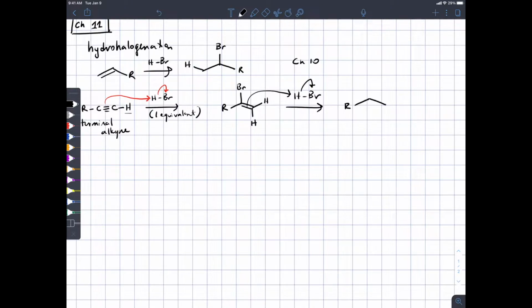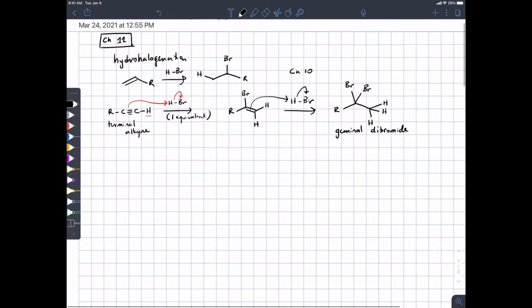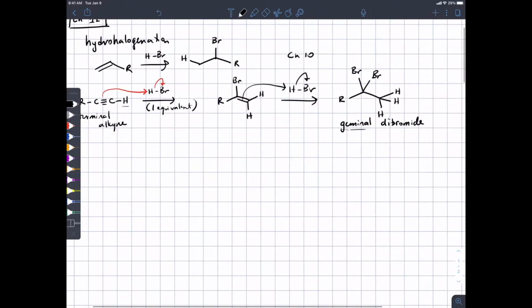You create a new carbon-hydrogen bond with the less substituted carbon, so that the more substituted carbon can have the positive charge, and then bromine attacks the more substituted carbon. And you end up with this product, which is called, and you don't need to memorize this, a vicinal, nope, actually, it's not vicinal, it's geminal. That means bromos on the same carbon. Geminal dibromide, from the Greek Gemini for twins.